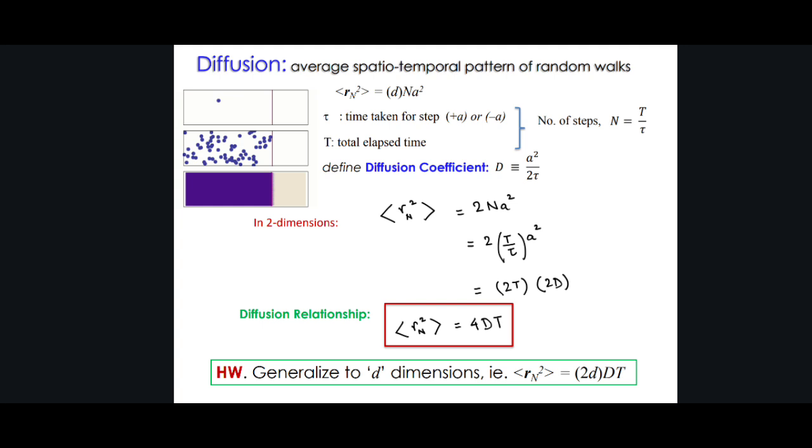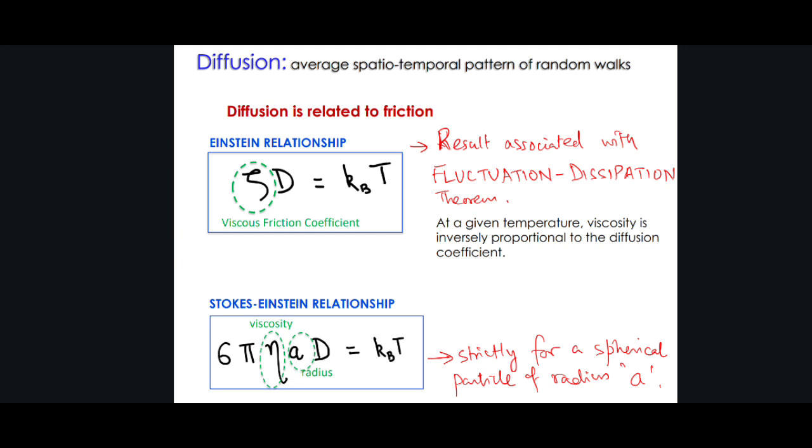Alright. So then what we again introduced is this relationship. Okay? And if you wish, we can look a little bit more into this. This is the result associated with something known as fluctuation dissipation.